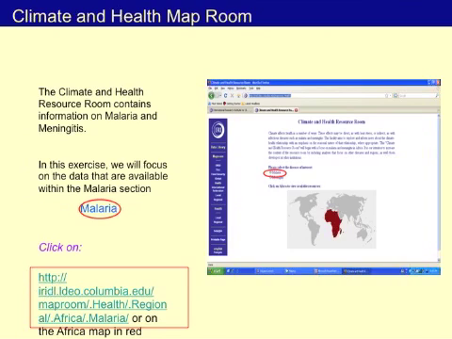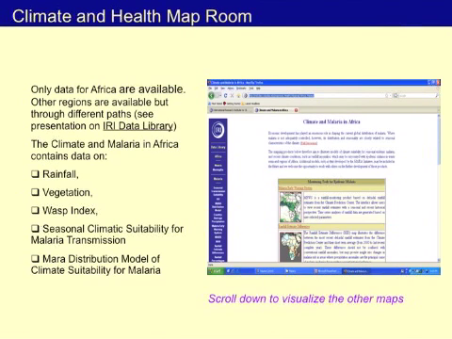The data on malaria are available by clicking on the Africa map in red or on the following URL. A new interface will appear where only data for Africa are available. Other regions of the globe are available but are accessible through different paths, which will be investigated through another presentation on the IRI Data Library.